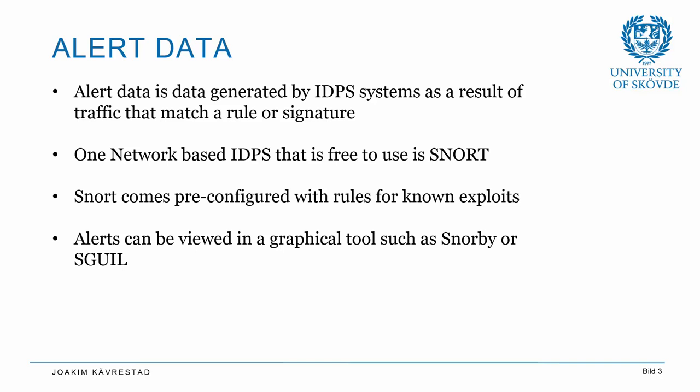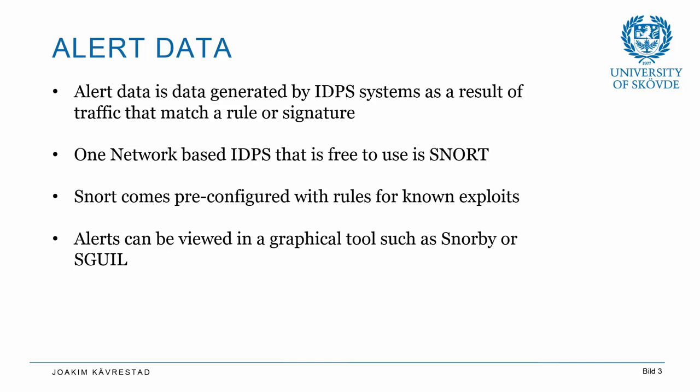Alert data is basically data that is generated by an IDPS system as a result of traffic that matches a rule or signature. So it's an alert from our intrusion detection and prevention systems, simply. One network-based IDPS that is free to use and very popular is Snort.